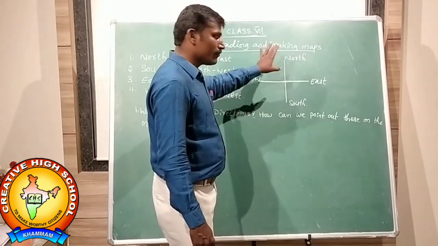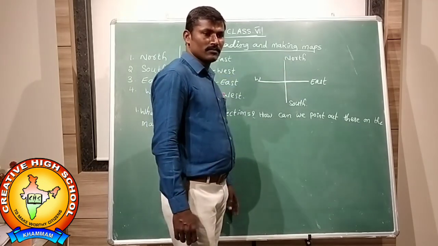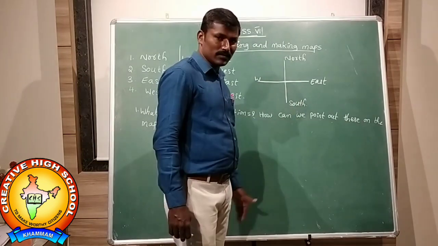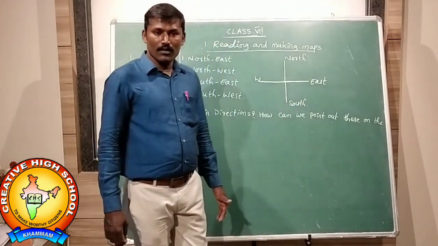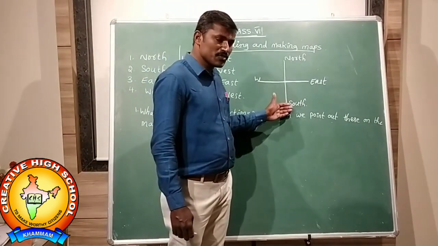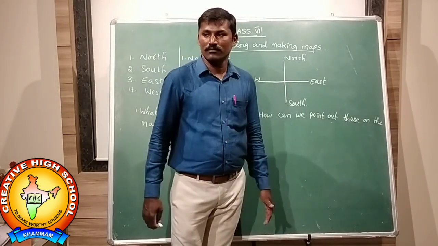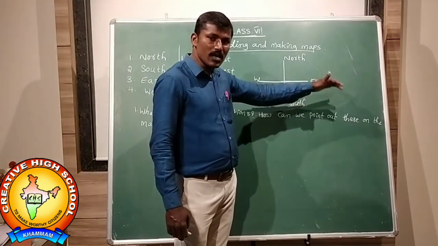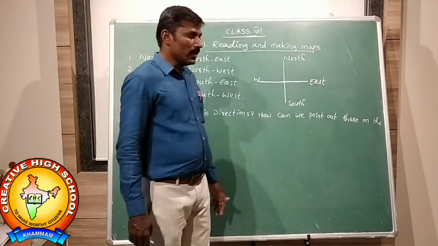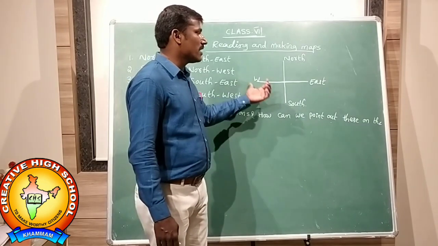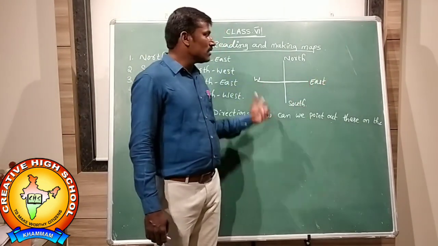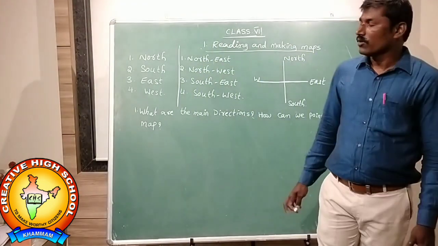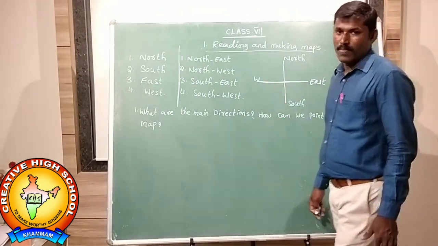When we stand in front of the map, top of the map shows north, the bottom of the map shows the south, and our right hand side shows the east, and left hand side shows the west. By using these directions only, we are able to point out any particular place.